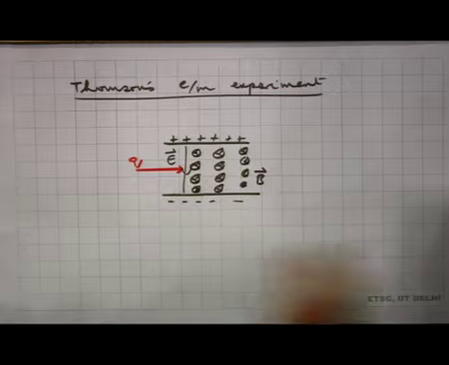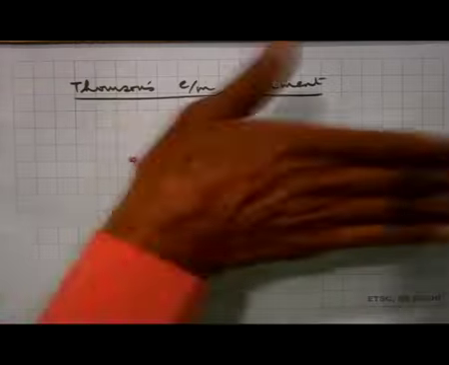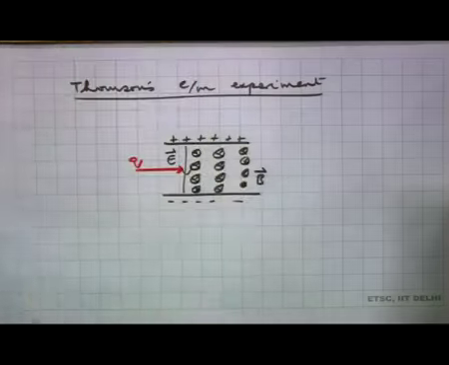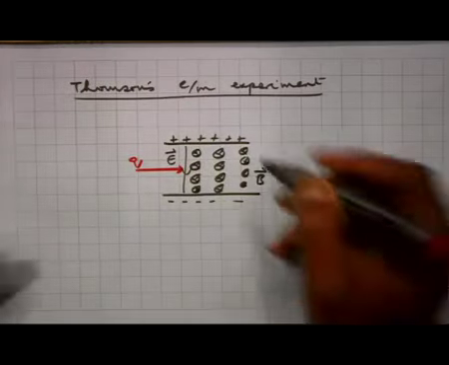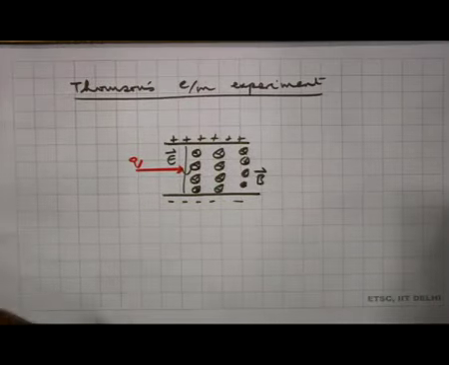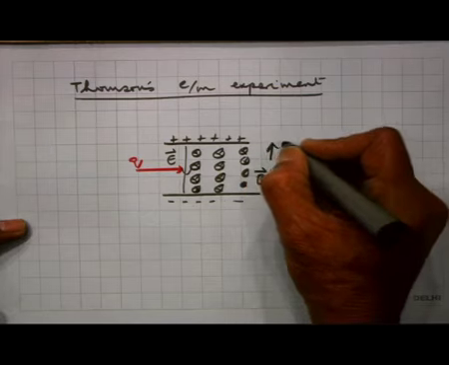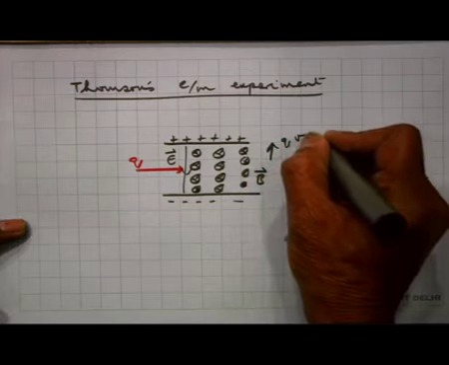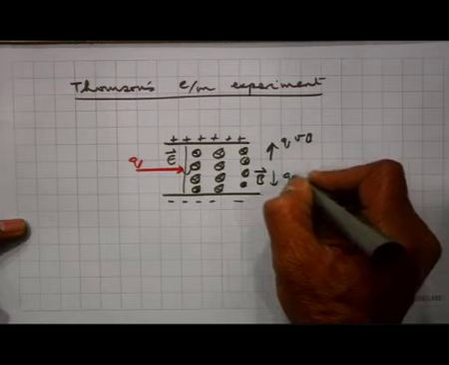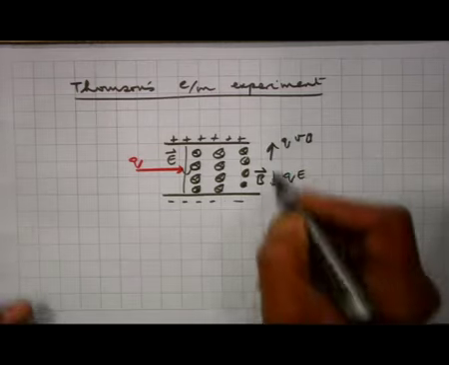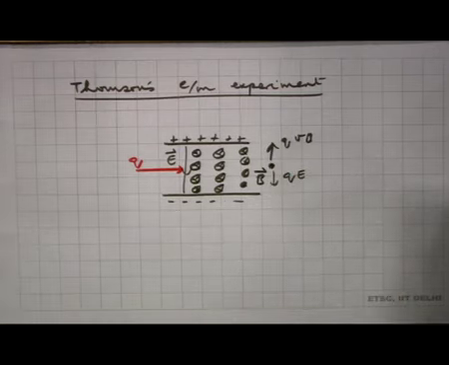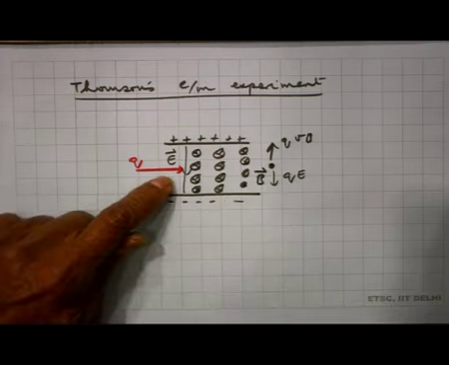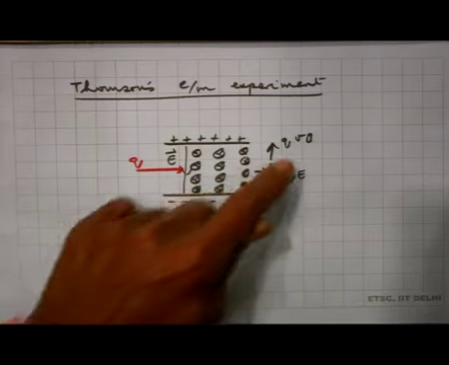You can see here that V cross B, with velocity like this and B downwards, is upwards. So, the magnetic force will be upwards. This will be QVB, and downward will be QE. So, this particle will have a force QE downwards because of the electric field and QVB upwards because of the magnetic field.